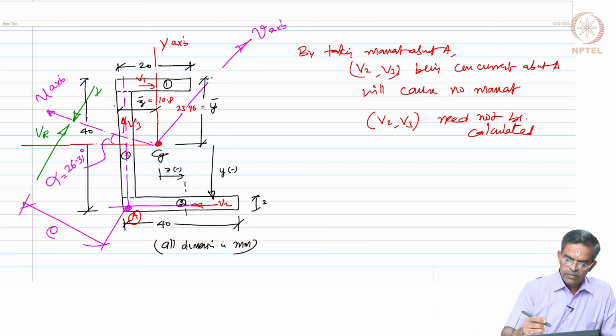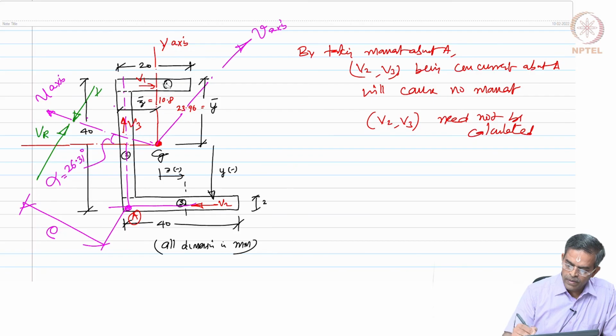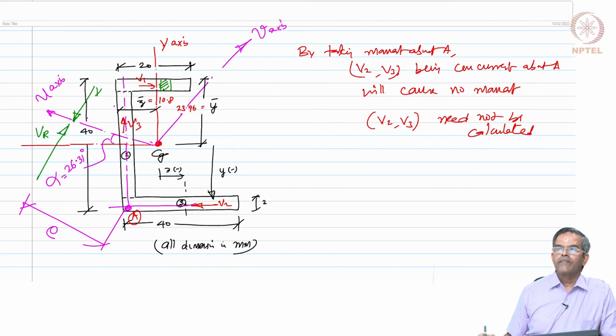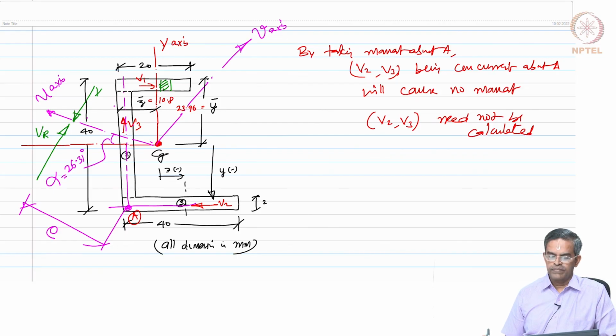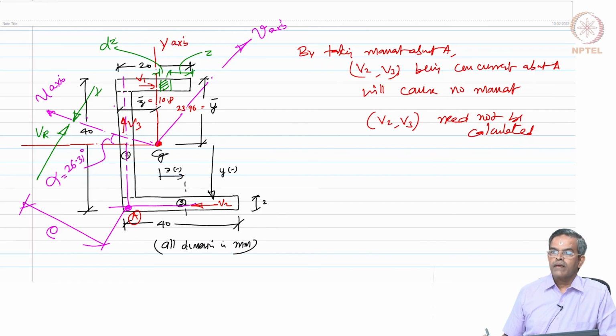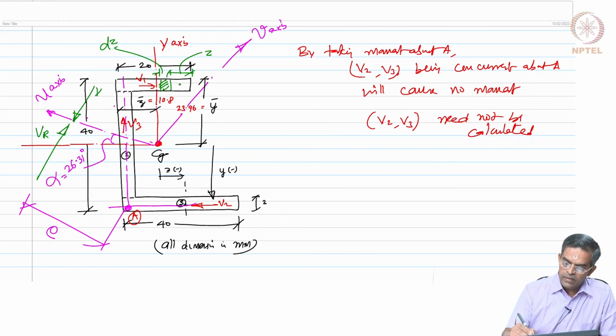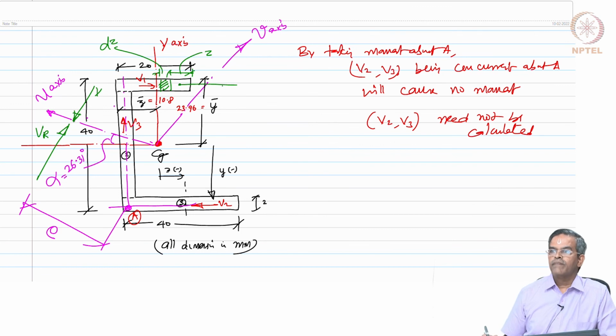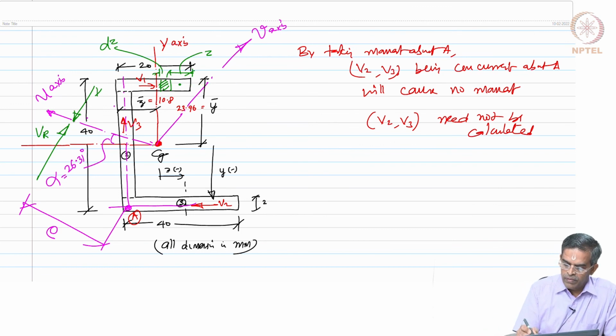So, to do that, I will cut a section. This section will be at a distance z, thickness dz, and the CG of this needs to be measured from this axis.